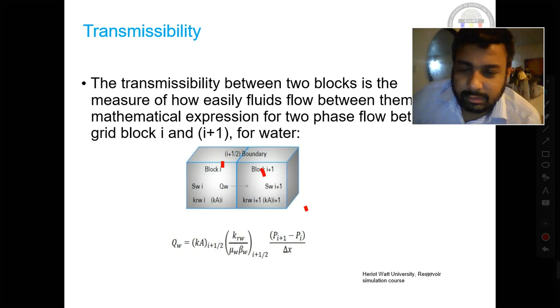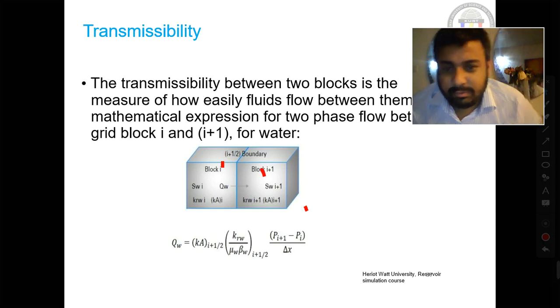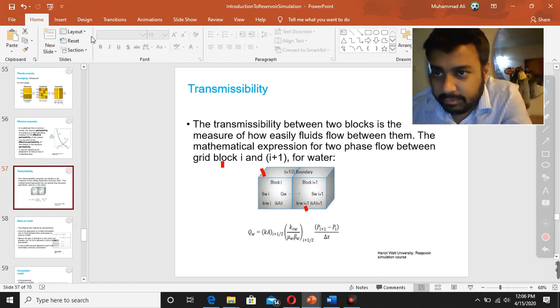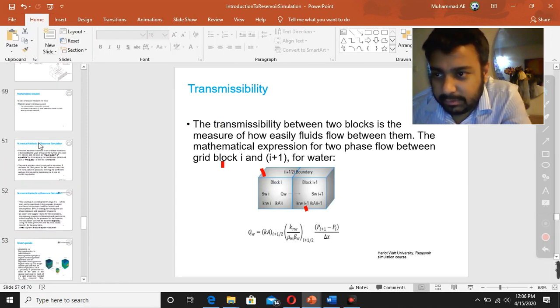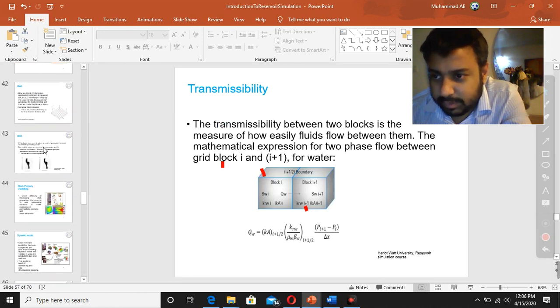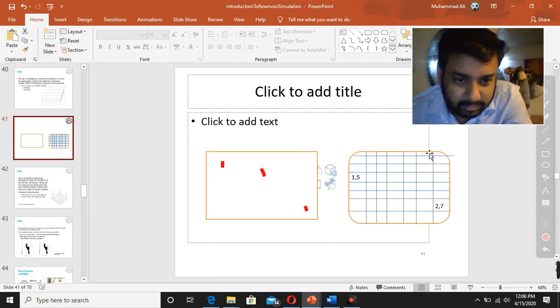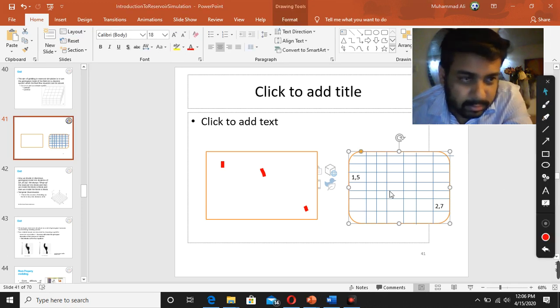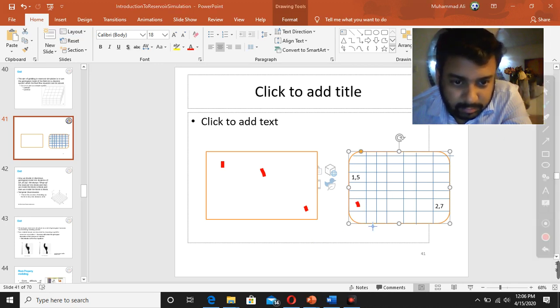One of the important parameters that is going to be used in reservoir simulation is the transmissibility. For example, now you have a reservoir which is divided into grid blocks as we discussed. How does the fluid go from this point to this point? How is it moving from here to here to here, or to here?